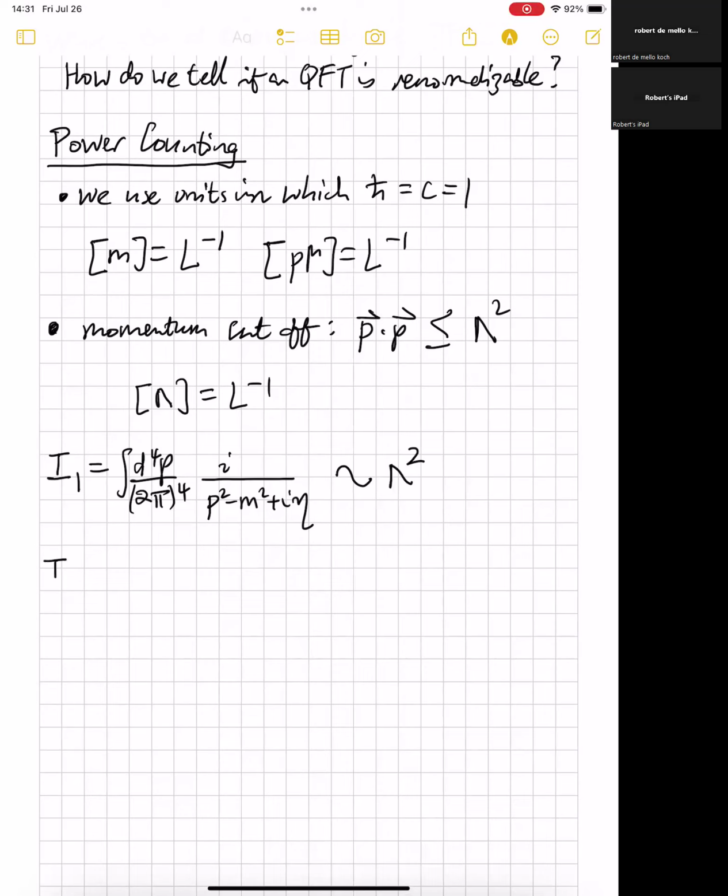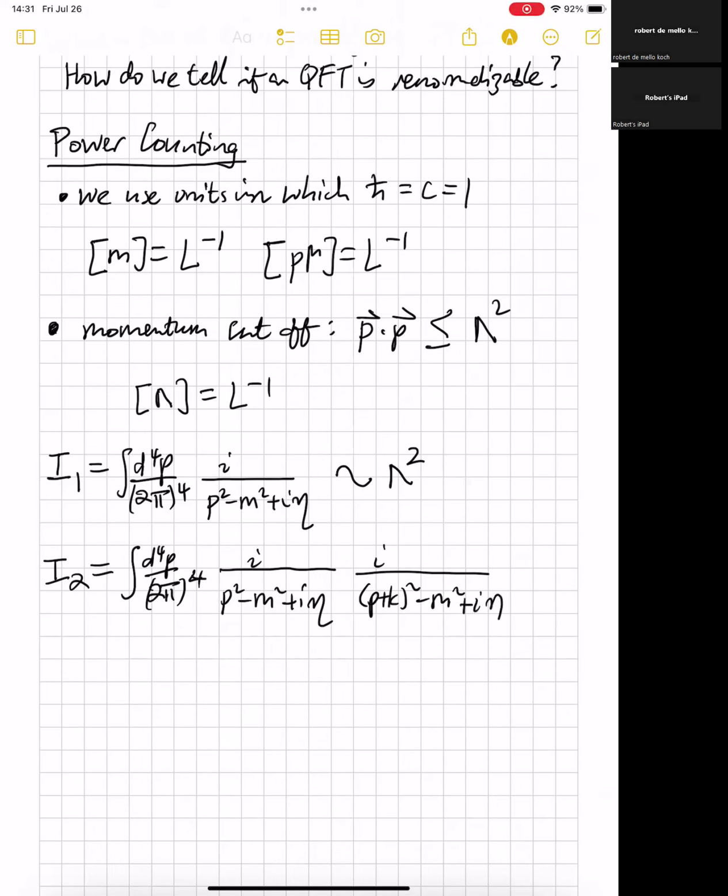Let's take a look at a second integral. We'll want to look at both of these examples. So here, let's imagine we've got an integral d^4p over (2π)^4, with i over p^2 minus m^2 plus iη, and i over (p+k)^2 minus m^2 plus iη.